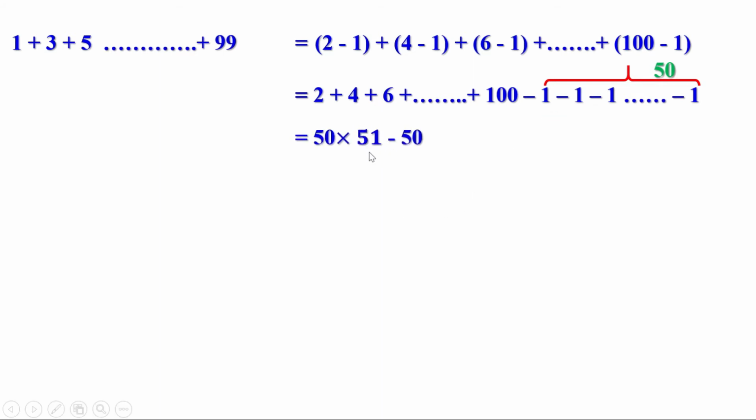Now what does it mean? 51 times 50 minus 50. When you take 50 from 51 50s, there will remain only 50 50s. So we can write it as 50 into 50. That is 50 square or 2500.